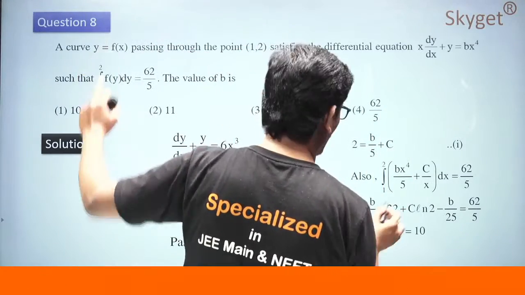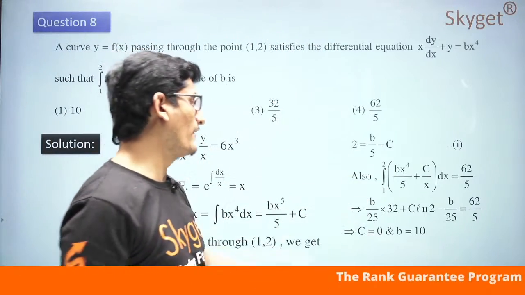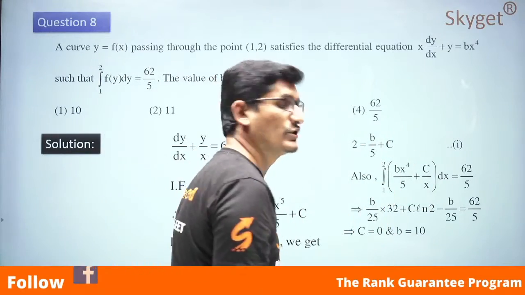Now the integration from 1 to 2 of f of y. f of y is nothing but, instead of y I am taking x. So the integral of f of x, which is b x to the power of 4 by 5 plus c by x, dx is equal to 62 by 5.